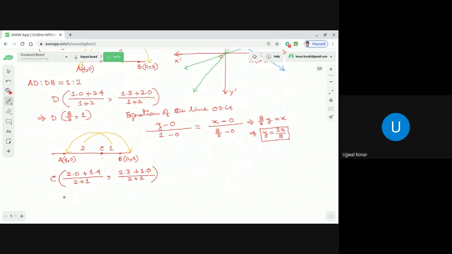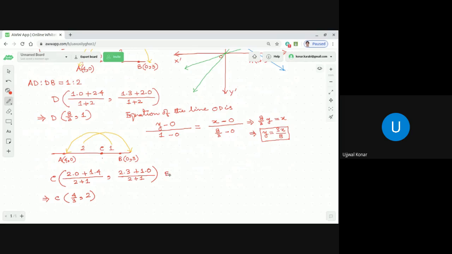Now if we simplify further, that implies the coordinate of the point C becomes 4 by 3, comma 2 into 3 is 6, 6 by 3 is actually 2. Okay, so it is (4 by 3, 2). So what is the equation of the line OC then?